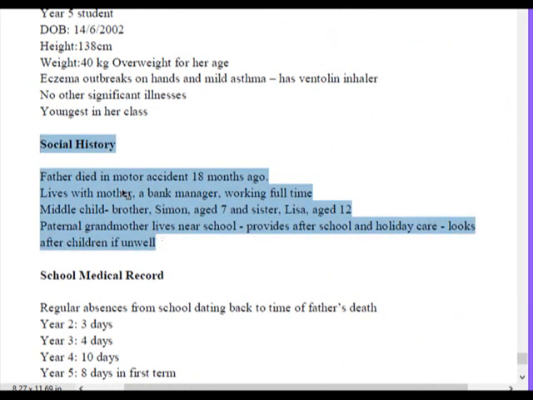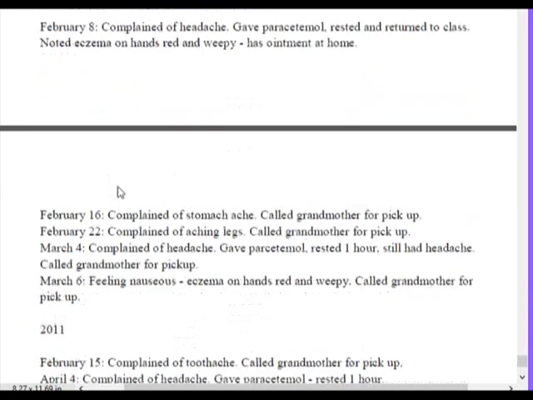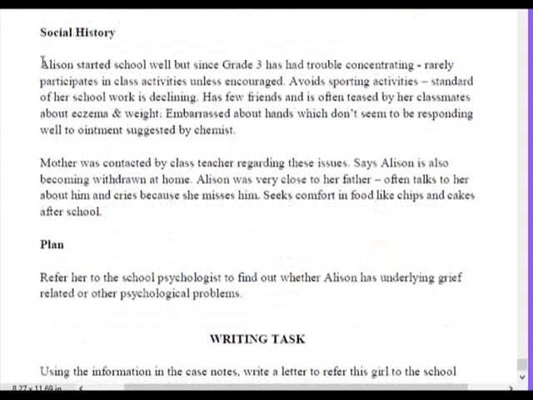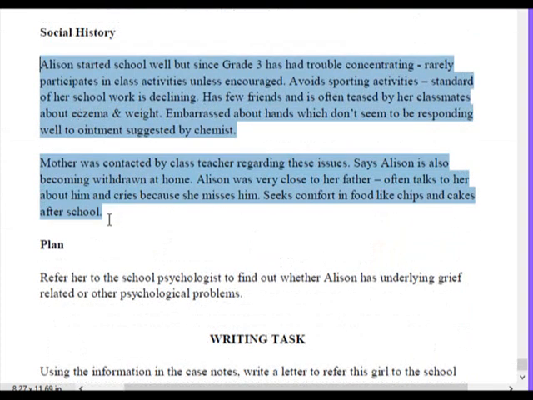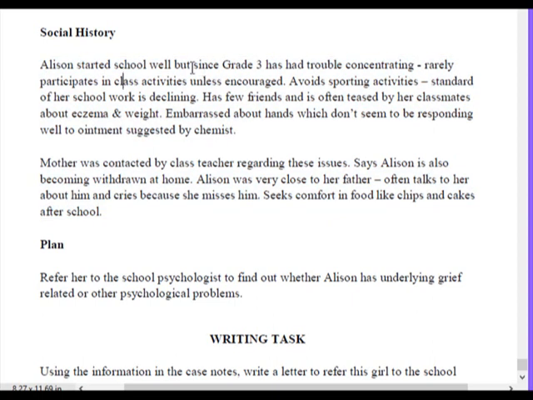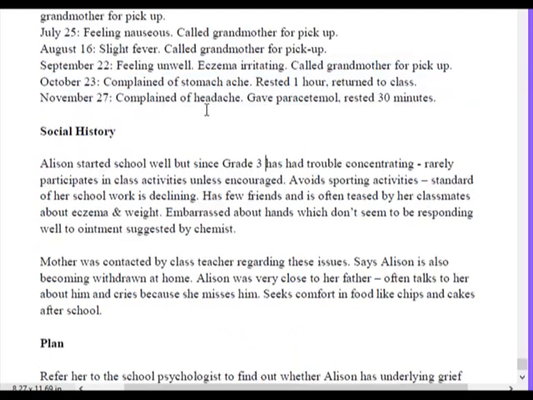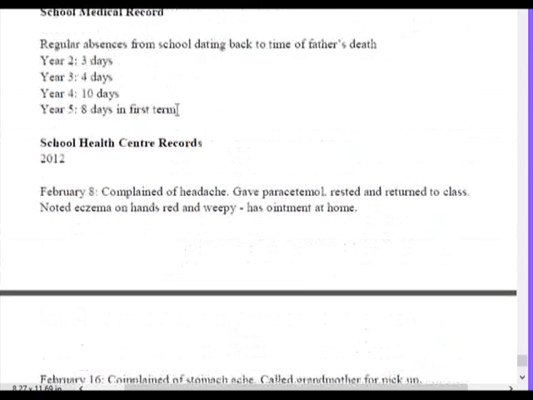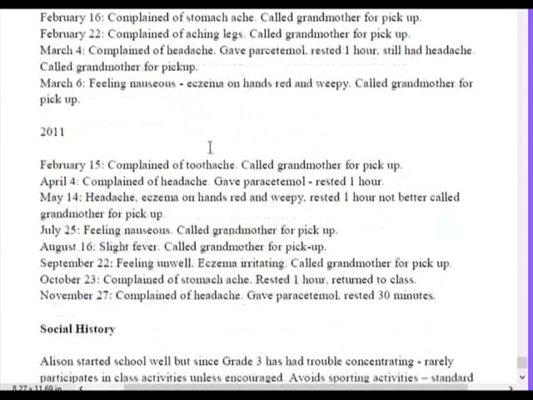Now here you will see one part of social history, and then here you will see another part of social history. Now this is just given to confuse you, so you would need to see these things on different pages when you get this in your exam. Alison started school well, but since grade 3 has had trouble concentrating, which means again grade 3 you'll remember from here onwards.